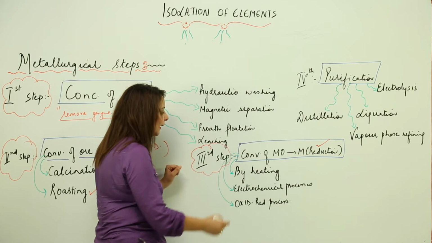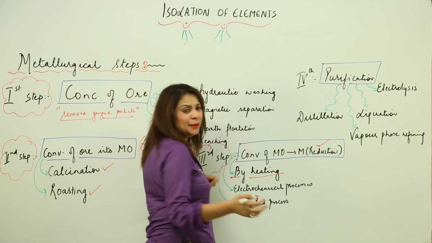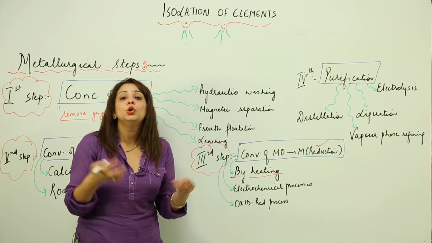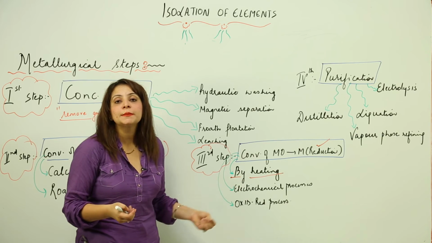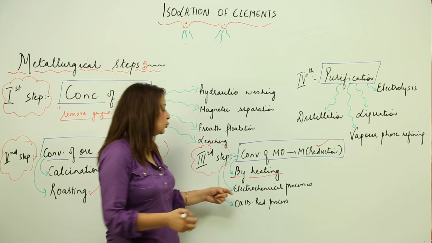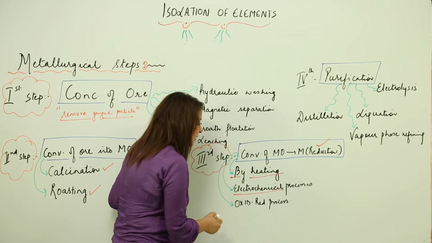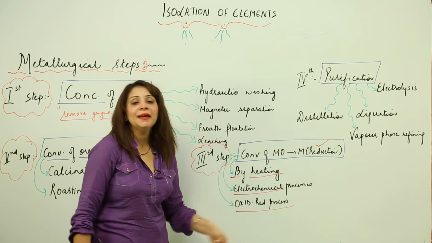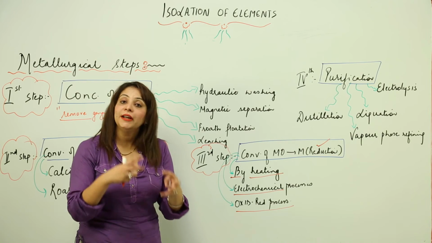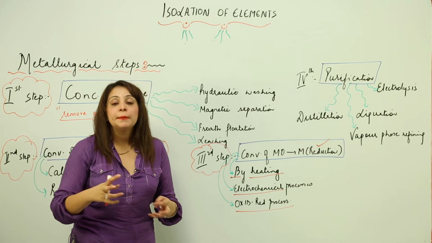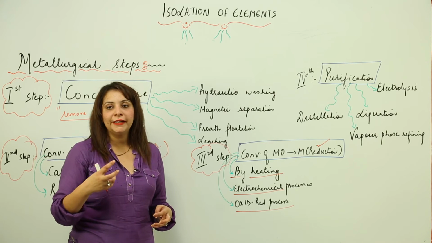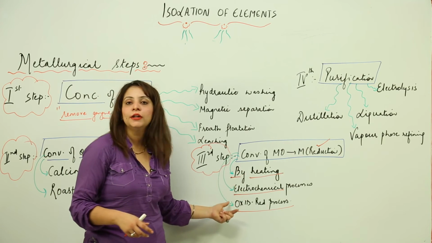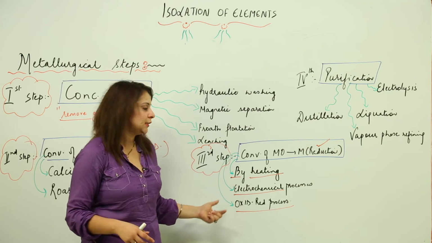We can do it by heating, as many metal oxides are not stable, so just by heating they lose oxygen. Likewise we can do it by certain electrochemical processes, or by oxidation reduction processes. So there are 3 methods which we can opt for depending upon the properties of the metal, right.